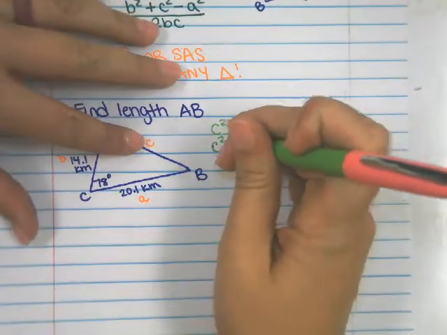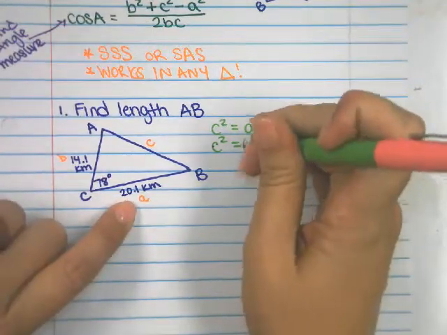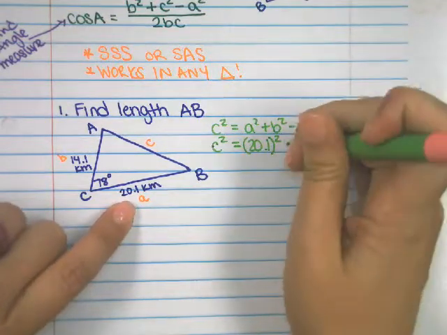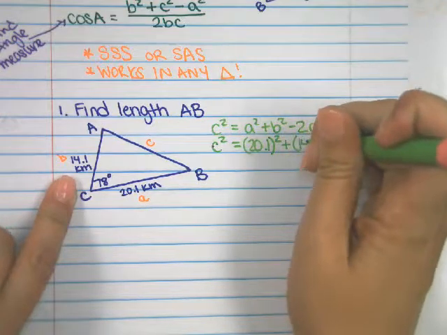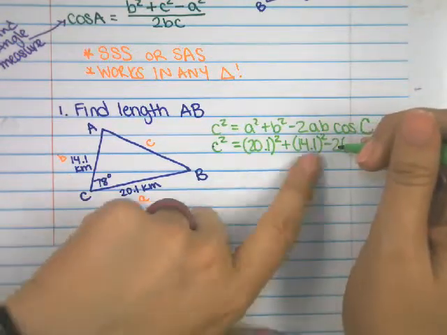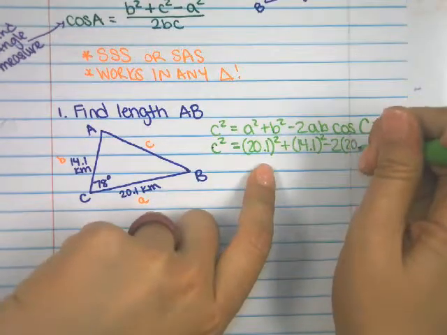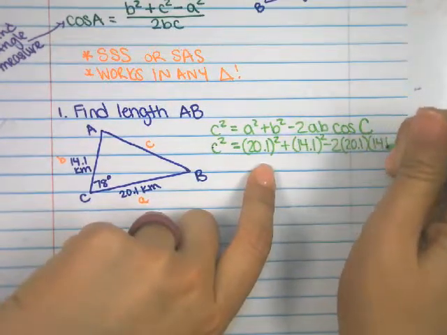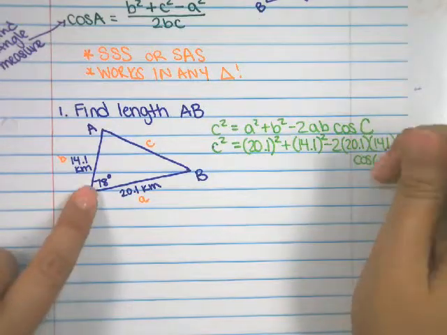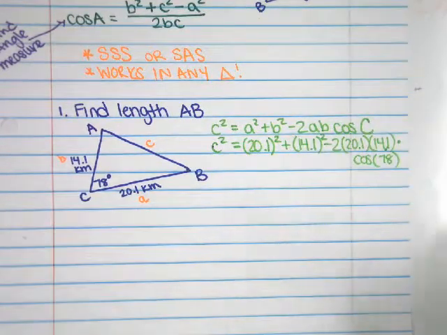c is what I'm trying to find. Side a is 20.1 kilometers squared, plus side b is 14.1 squared, minus 2 times, these are a and b right there, so I just use those again, 20.1 times 14.1 times cosine, and angle C is 78.